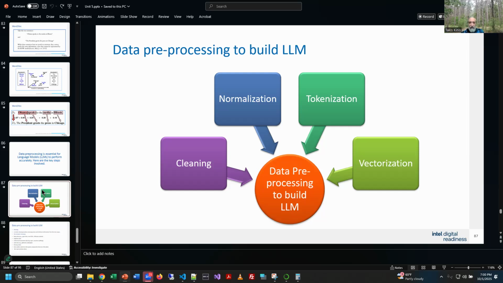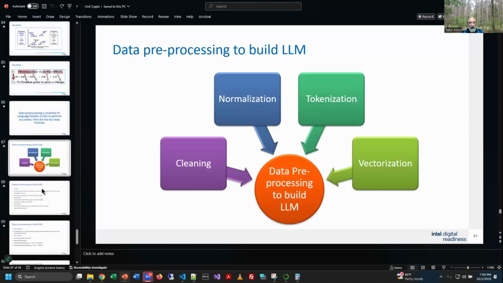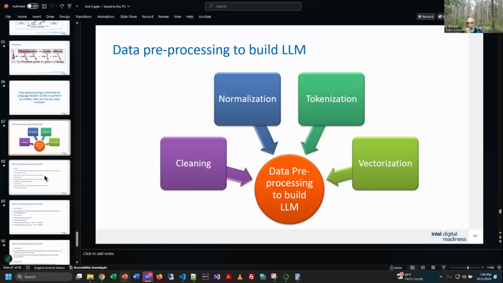Here it goes a little bit further. We're not only doing those initial steps, we're cleaning it, making it more functional for us to process, and eventually turning it into numbers. That's the vectorization, so that we can process it with models. Remember, machine learning processes math, not words. And I think that's always an interesting thing when you think about it that way.